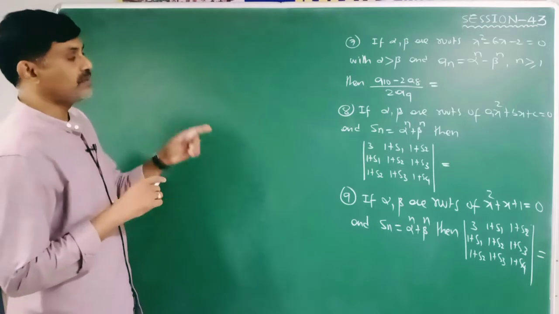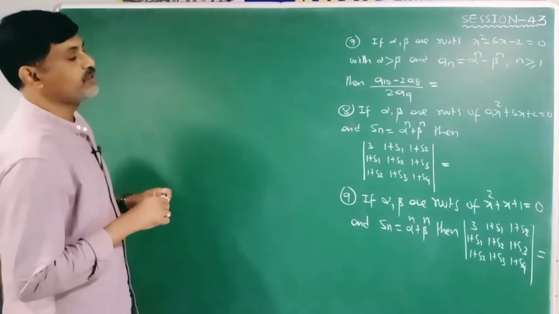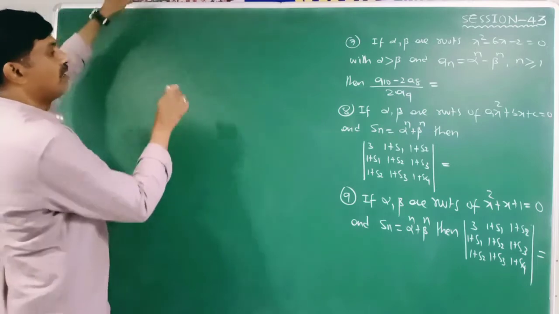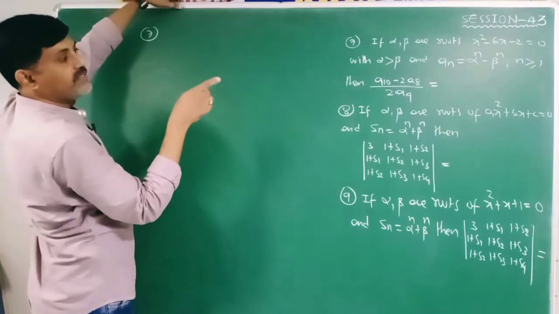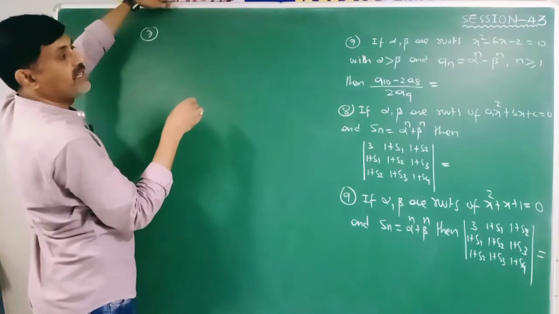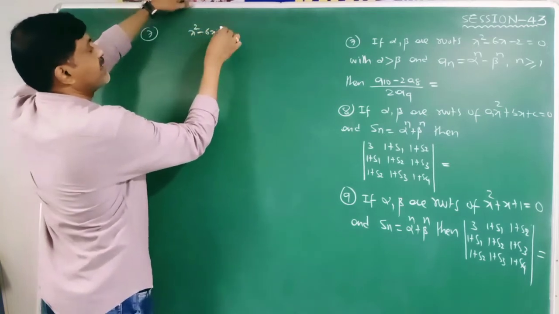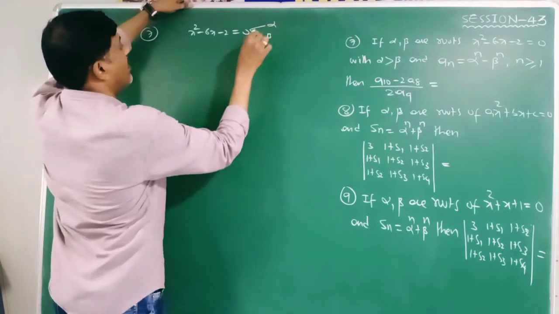Okay students, move on to the next question, which is: if alpha, beta are roots of x square minus 6x minus 2 is equal to 0, with alpha more than beta, and a suffix n, a n is equal to alpha power n minus beta power n. Here x square minus 6x minus 2 is equal to 0, whose roots are alpha comma beta.